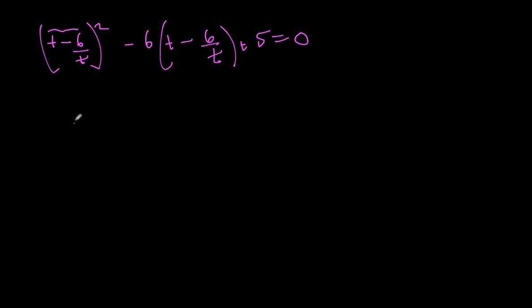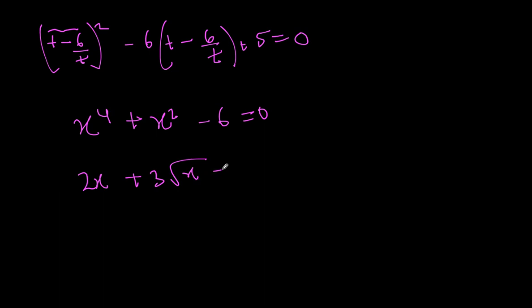Let's take another problem: x to the power 4, x square minus 6. So the maximum power is 4 here. Let's take another problem. Here we can't easily identify whether it is a quadratic equation or not.